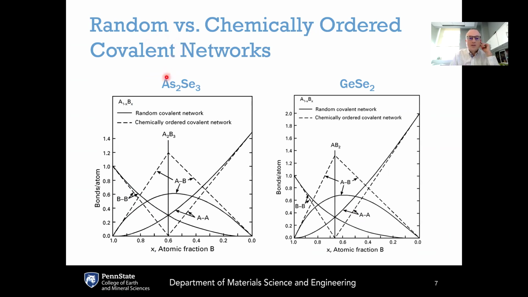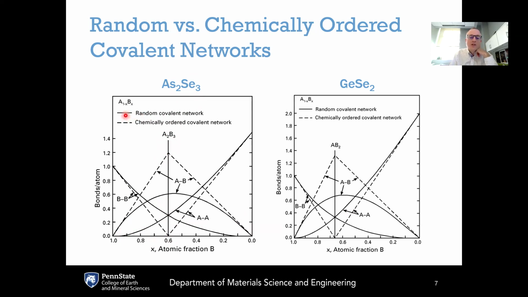For example, if we consider this arsenic selenide system here and look at, say, the number of bonds as a function of the atomic bond fraction, this A2B3 would correspond to this As2Se3 system. But now if we vary the mole fraction of these two species here, the arsenic versus selenium, the solid lines show what if you had completely random bonding.